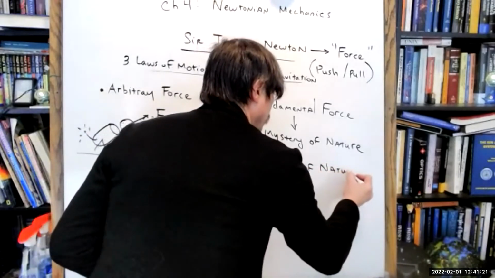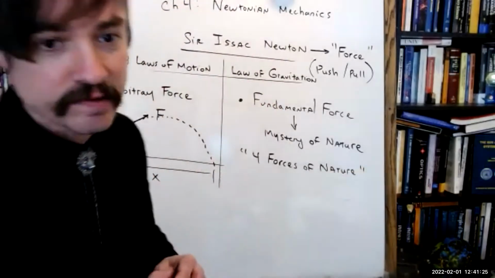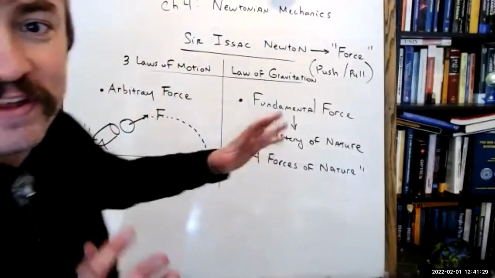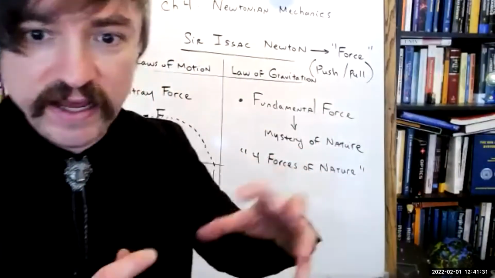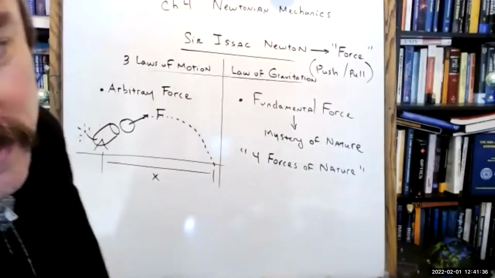Although, in the time since I was a student to now being, I suppose, a mature adult, the 4 forces of nature have collapsed a bit, and we have started to see that there are relationships between them, and they're not as separate as we once thought.